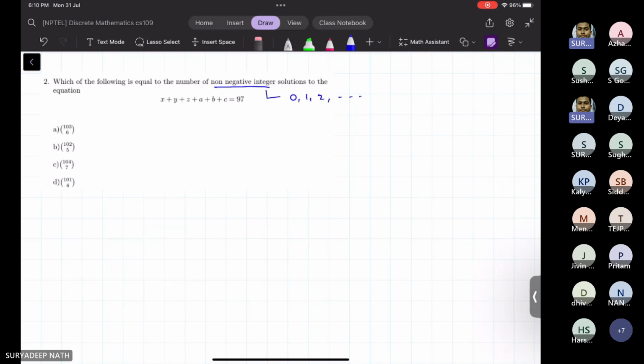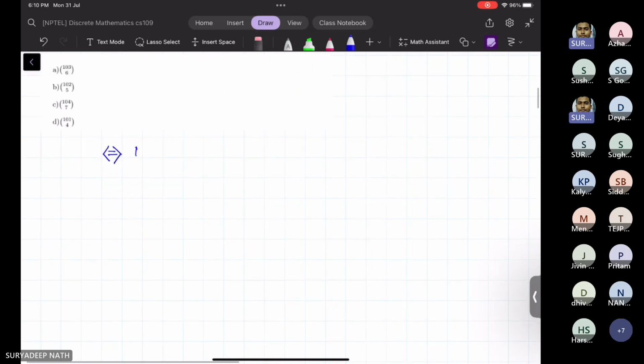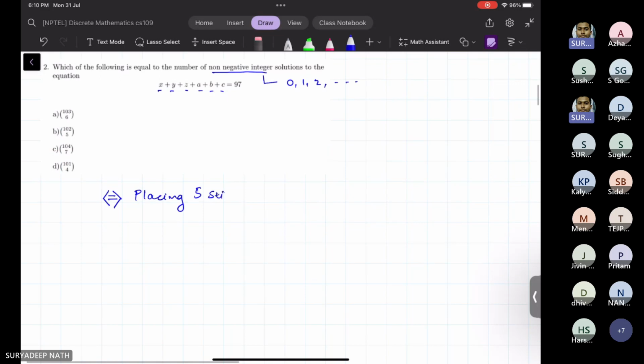This problem, where we have six non-negative integers and the sum is equal to 97, is equivalent to placing 5 sticks among 97 stones.